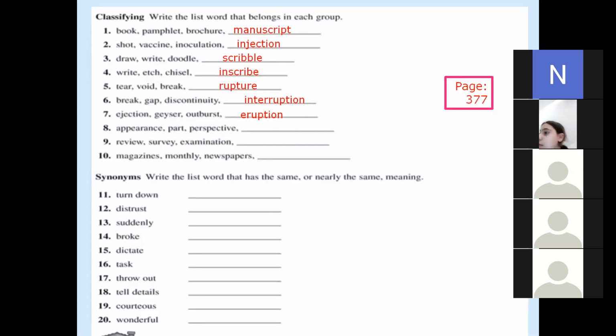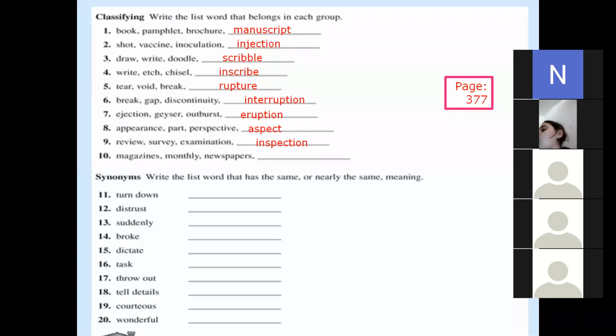Appearance. Part. Perspective. Aspect. Yes. Review. Survey. Examination. Suspect. Are you sure? Inspection.